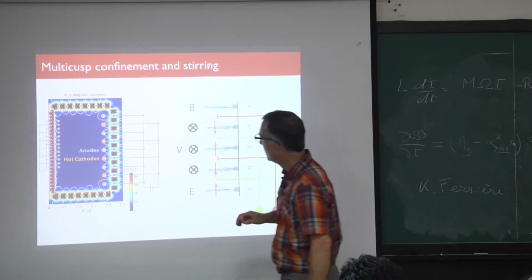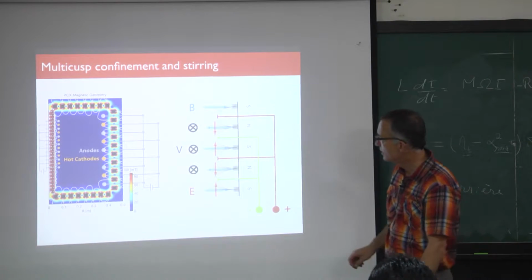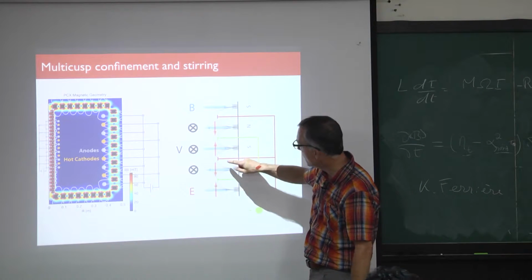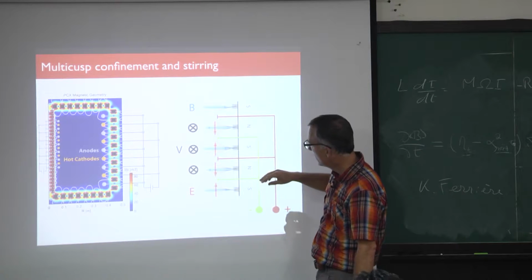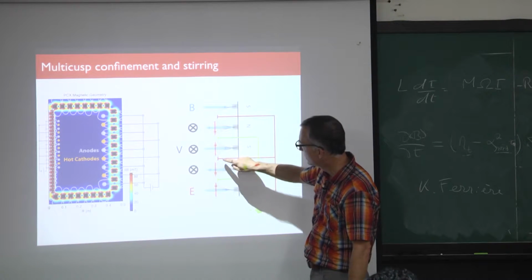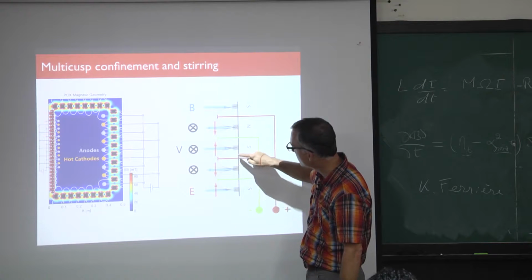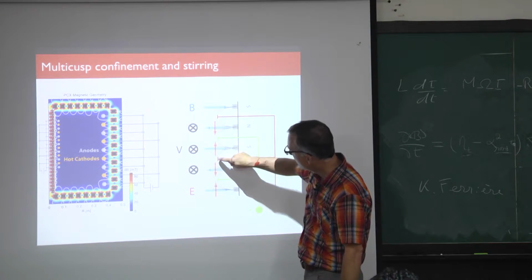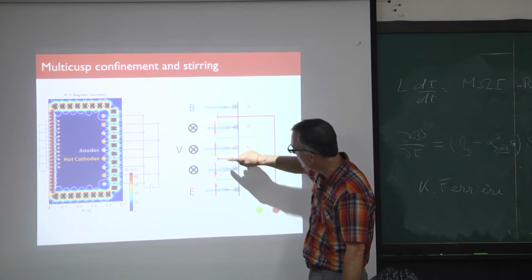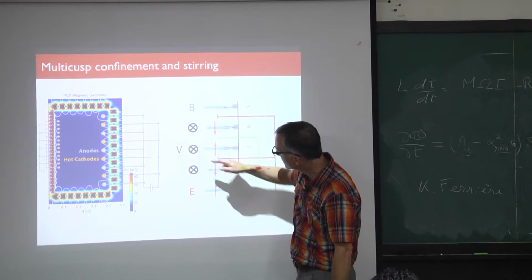Okay? Now the other thing I can do here is I can introduce into the edge cathodes that inject current. So here's the north and the south poles. I can drive current from a positive to a negative anode, driving current across the field.